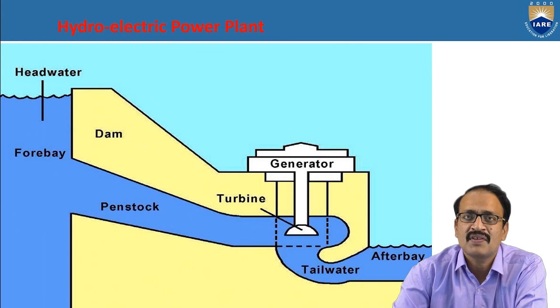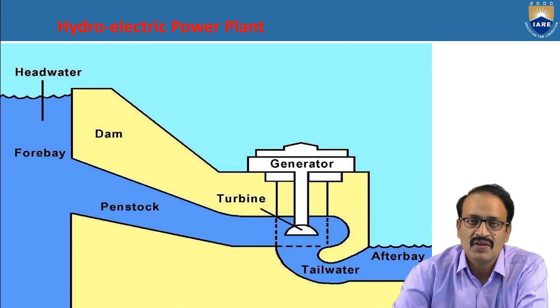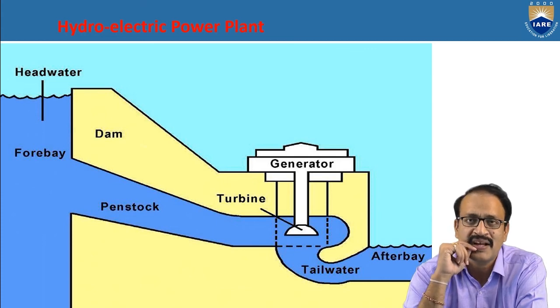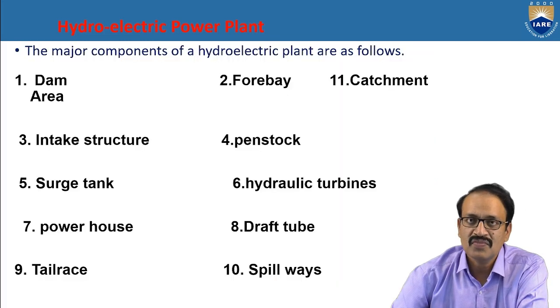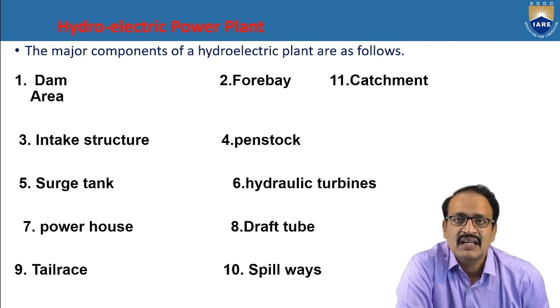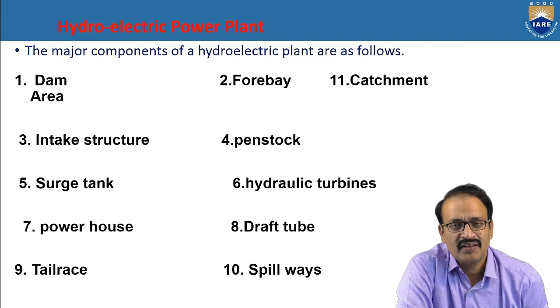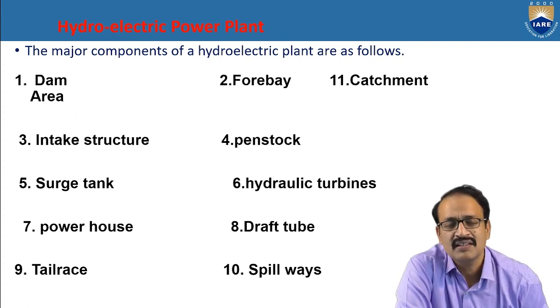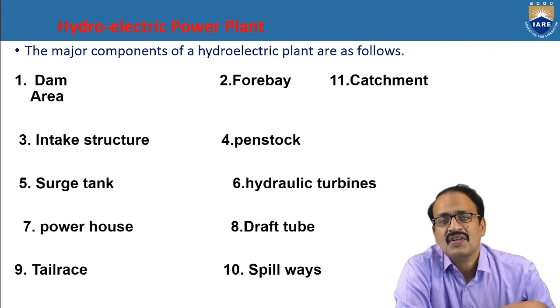So this is about hydroelectric power plants. The major things here are the dam, the forebay, the intake, the penstock, the surge tank, the hydraulic turbines, the powerhouse, the draft tube, the tail race, and the spillways.